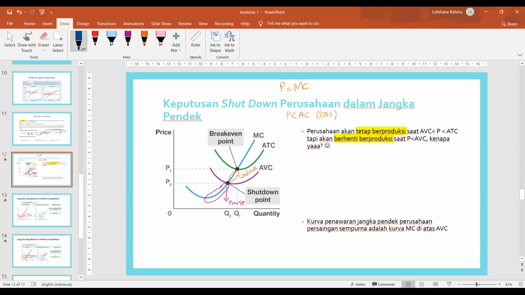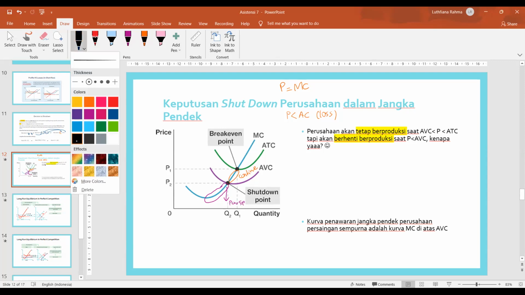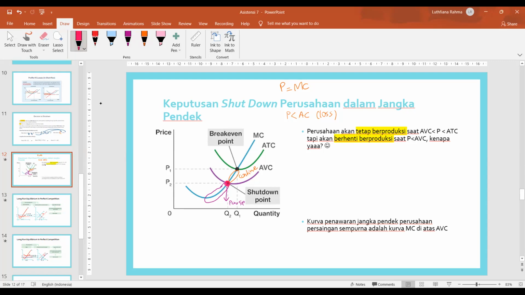But what if the firm is producing at this point, at P equal to average variable cost? This point is called the shutdown point. Should the producer pause temporarily or continue?